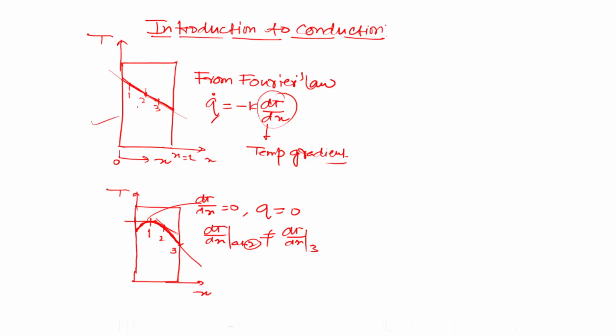However, Fourier's law, if you recall, we have restricted our attention to only a special, simplest case of one-dimensional steady state conduction in a plane wall. But Fourier's law is not restricted only for this. Fourier's law is applicable to unsteady state, multi-dimensional conduction in complex geometry as well. Are you getting the point?